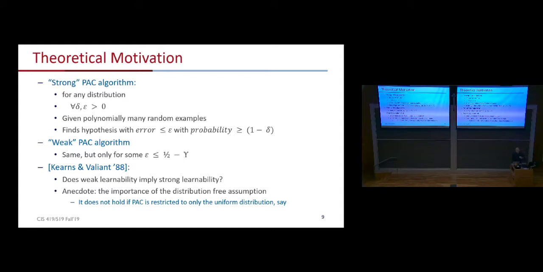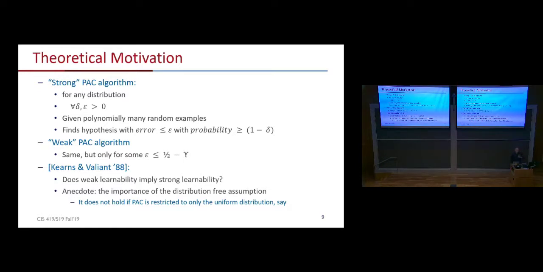That is, if you have a weak PAC learning algorithm over the uniform distribution, it does not mean that you also have a strong PAC learning algorithm over the uniform distribution. So this was a negative result.